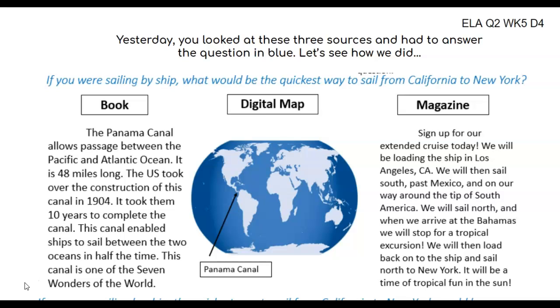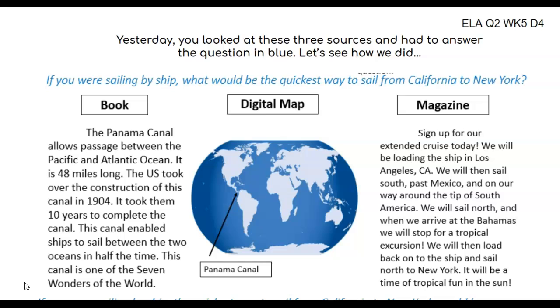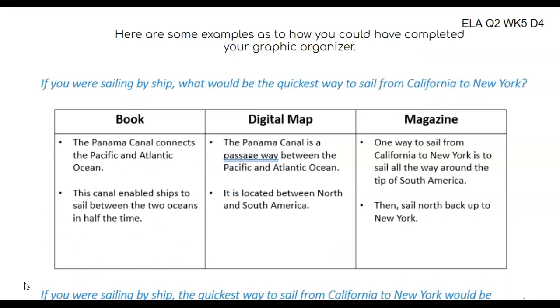And so if we look at an example of some of the answers we could give for the book, you could see here the idea that the Panama Canal connects the Pacific and Atlantic Oceans. You may have highlighted that in the book portion here, and that the canal enables ships to sail between the two oceans in half the time.